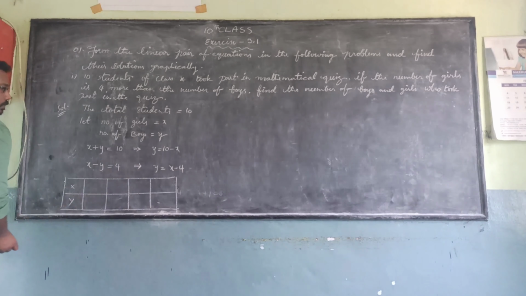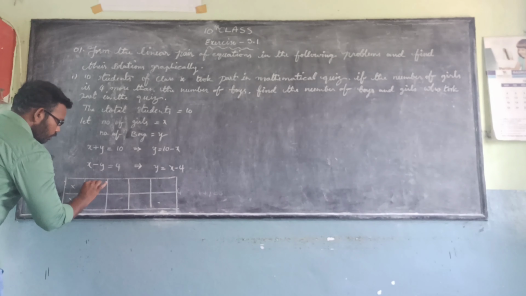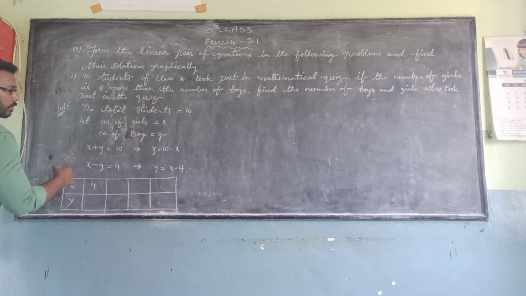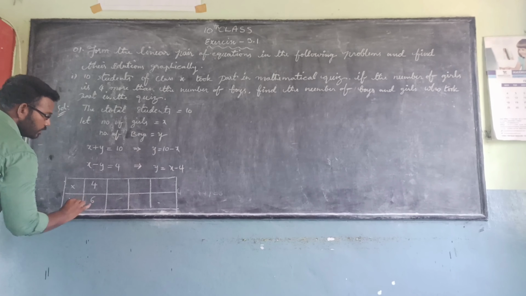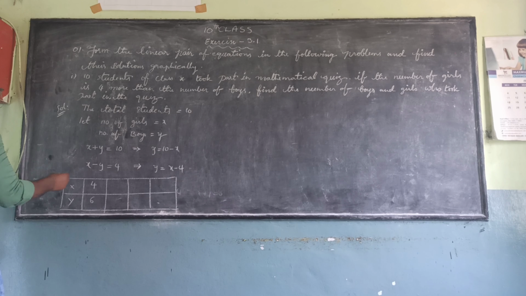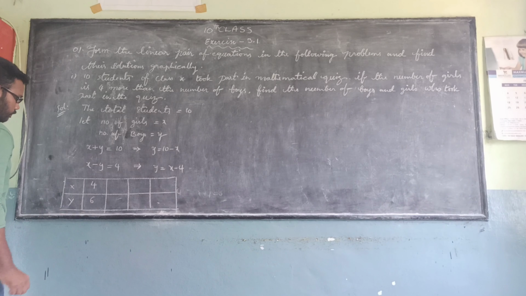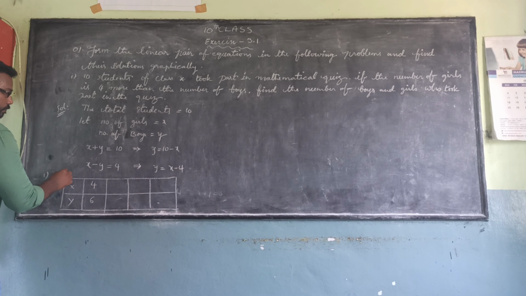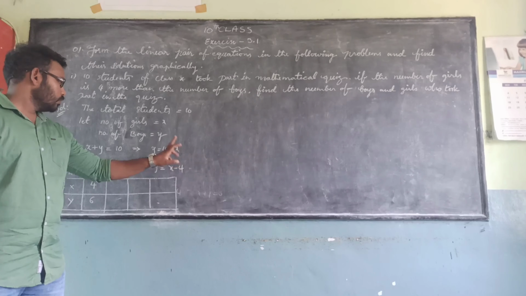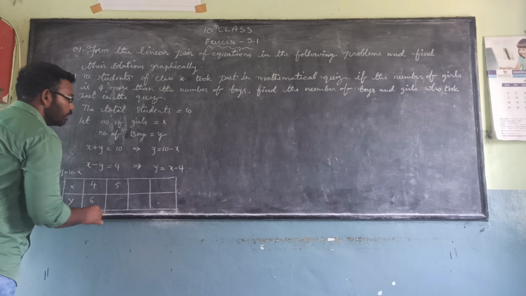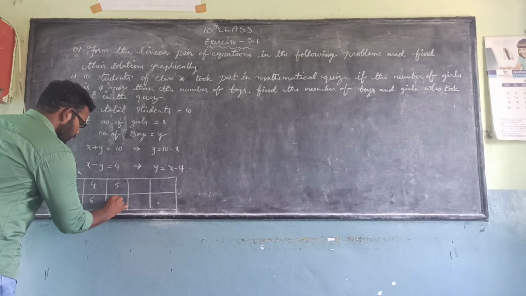If X is equal to 4, Y is equal to 6. If X is equal to 5, Y is equal to 5.